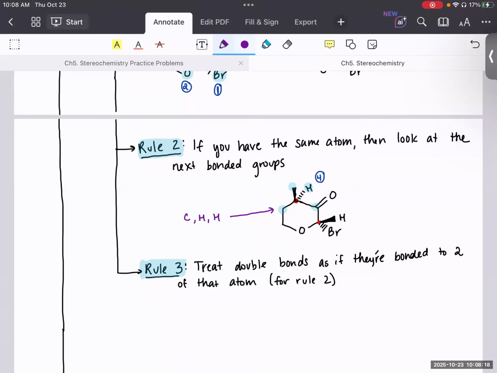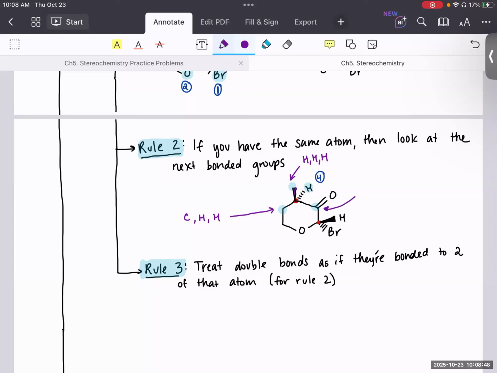We write out those three atoms that it's bonded to, and we ignore the carbon that we initially came from. This one right here is also bonded to that red carbon, but we ignore the one that it came from. Next, we look at that methyl group going up. Here, this one is going to be bonded to a hydrogen, hydrogen, and another hydrogen. And so that's going to be the next bonded group for that one.